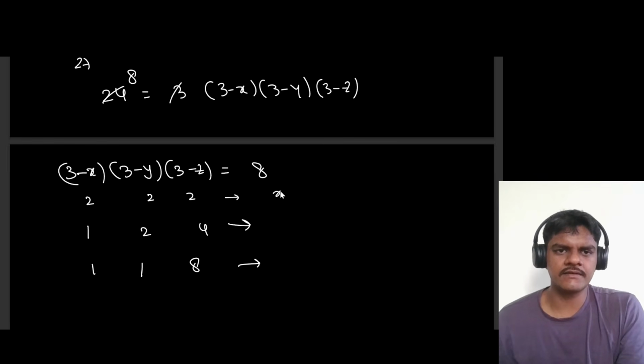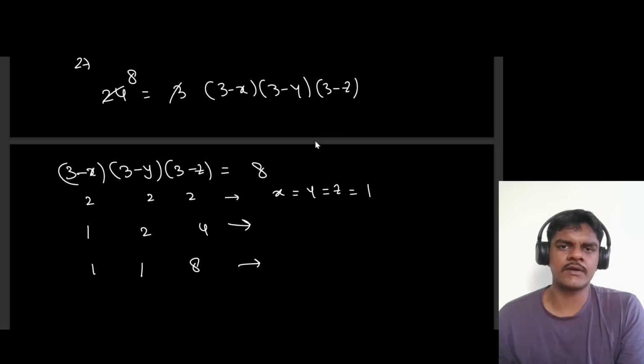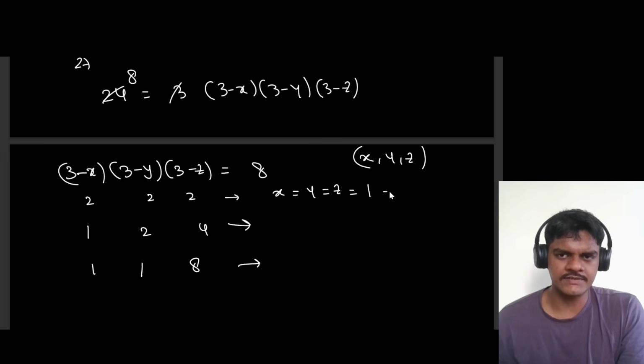This will give me x equal to y equal to z equal to 1. Not a problem. This will give me the solution. I'm looking in terms of the triplets x, y, z, so I'll write it like that. So this will be 1, 1, 1.